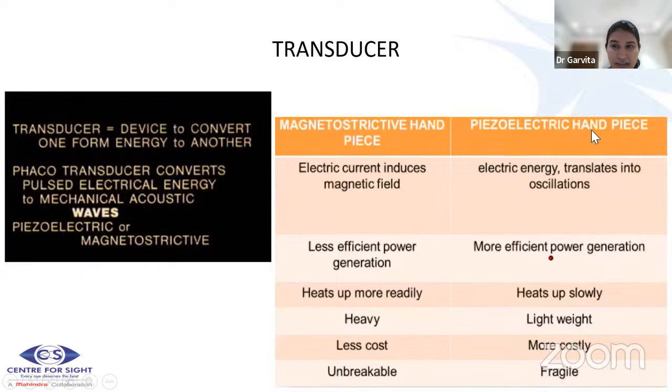For a piezoelectric handpiece, it generates an electrical energy which translates into oscillations. Magnetostrictive is less efficient, whereas piezoelectric is more efficient. Magnetostrictive heats up more readily, and piezoelectric heats up slowly. It is heavier, this is lightweight. Magnetostrictive is less costly, whereas piezoelectric is most costly. Magnetostrictive is known to be unbreakable, whereas piezoelectrics are very fragile.